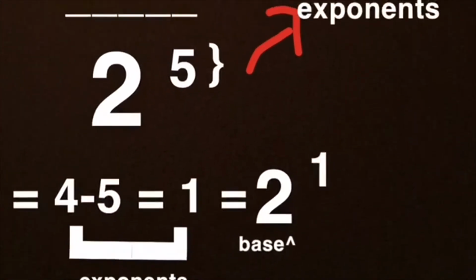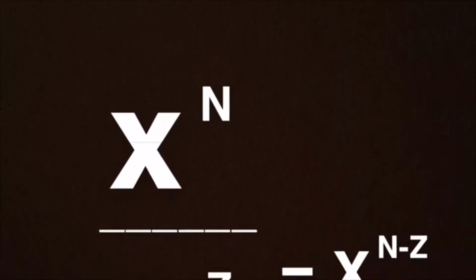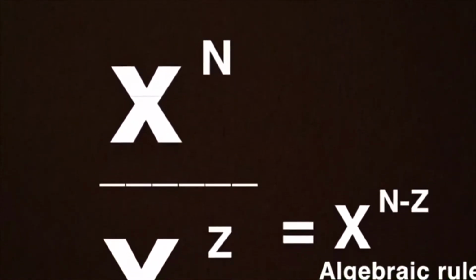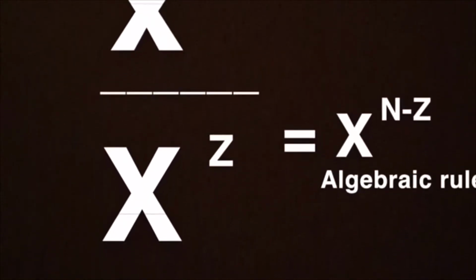So the answer would be 2 to the power of negative 1. Lastly, the algebraic rule is x to the power of n divided by x to the power of z equals x to the power of n minus z.